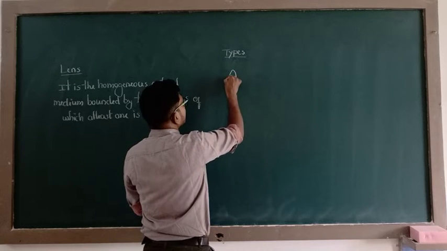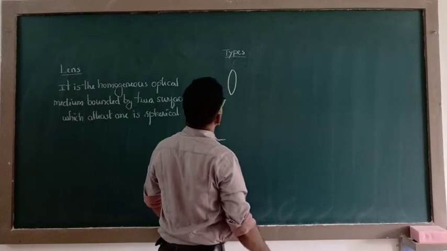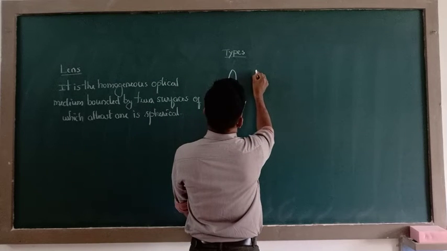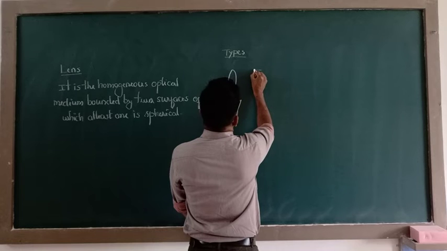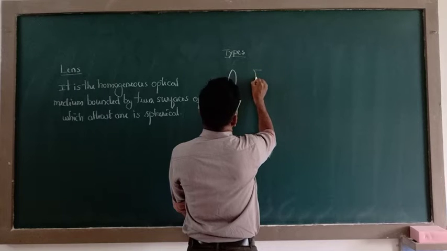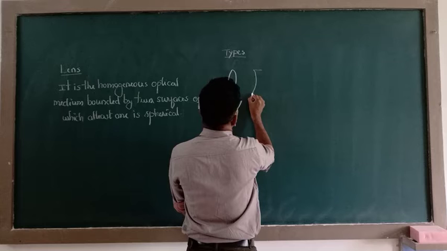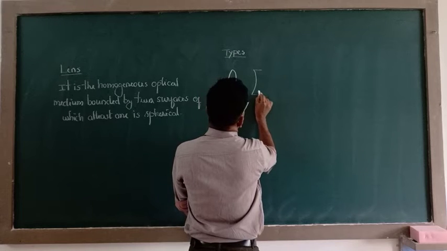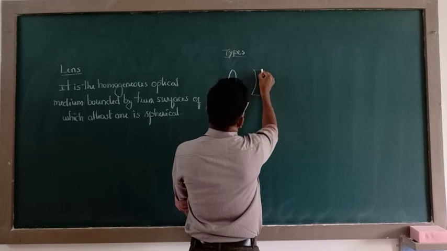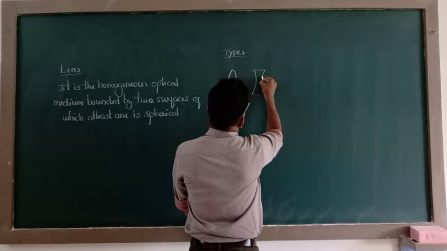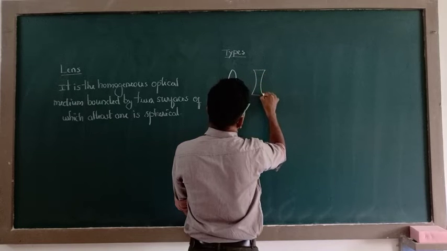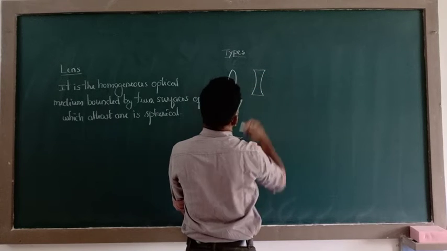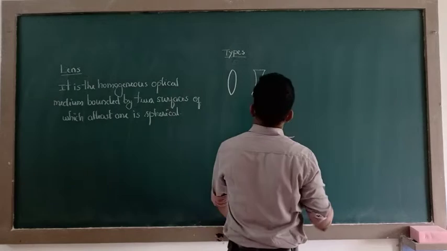So this is known as convex lens or biconvex lens. Biconcave lens.